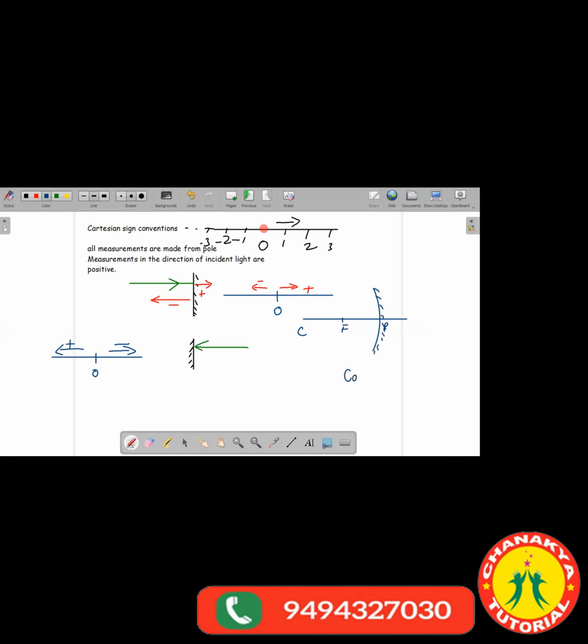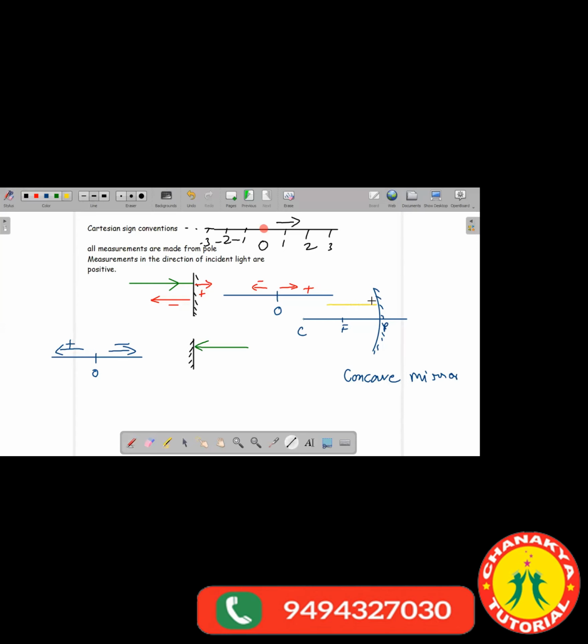Now for the concave mirror, what sign should be taken for radius of curvature? Negative. Since the direction of the incident light, see, now the light will be falling like this.